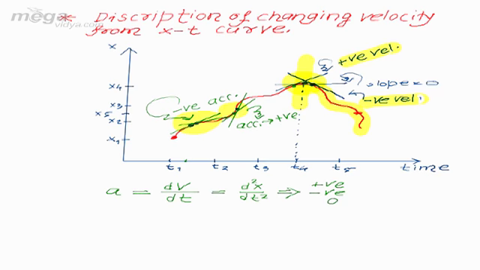Because if we talk about a displacement time curve which is a straight line, then at the place where the displacement time curve or the position time curve is a straight line, you can say that for that particular time interval the acceleration of the particle is 0.